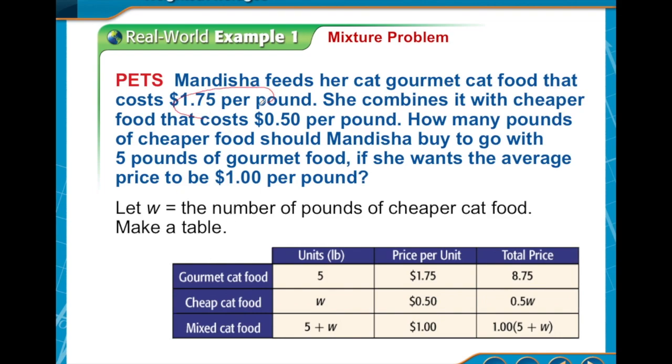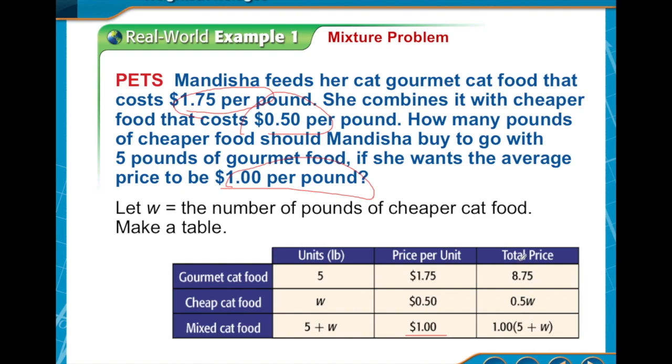Right here. The 50 cents is the cheap cat food. That's right here. So we just fill that in. That's how much that costs per pound. The mixed cat food, we want it to come out to $1 per pound. It tells us that right here. We want to mix the bag so that it would cost $1 per pound on average.